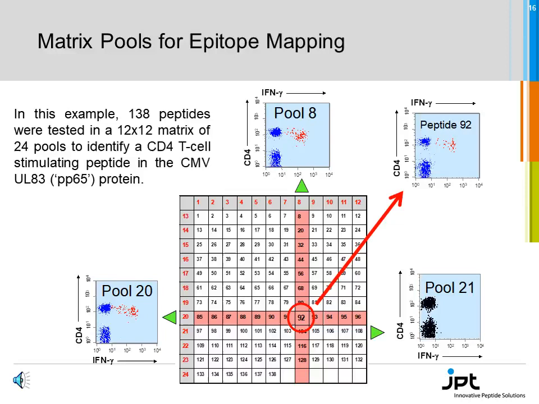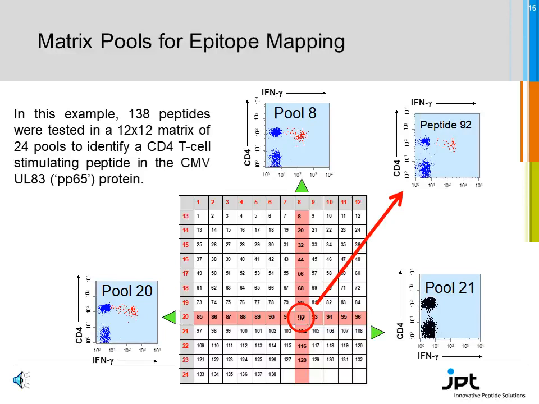When using flow cytometry, the initial assay with the matrix pools and the confirmation with individual candidate stimulating peptides can be done in short sequence. For example, after overnight stimulation with the matrix pools, stimulating pools are identified on the 2nd day, and after a further overnight incubation, the individual stimulating peptides are identified on the 3rd day.